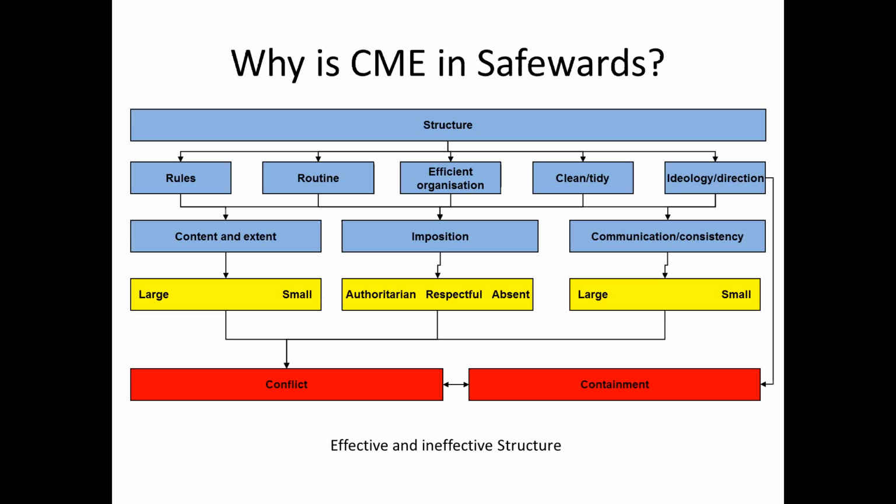Why is clear mutual expectations in Safewards? I've got a nice pretty diagram for you here that I did a long time ago, which talks about the structure of the ward. What we mean by the structure of the ward is, yes, the rules for behaviour of anybody, patient or staff, but also the routine of both those groups.